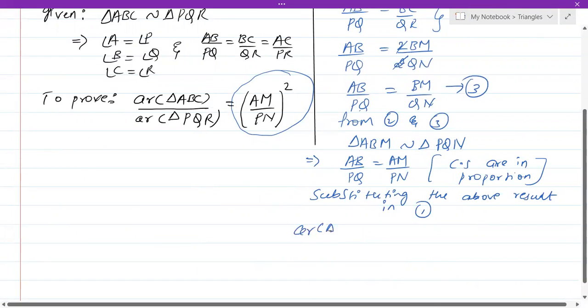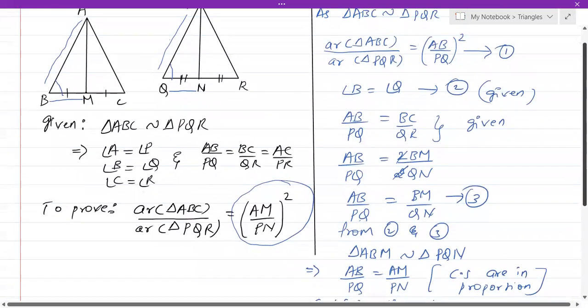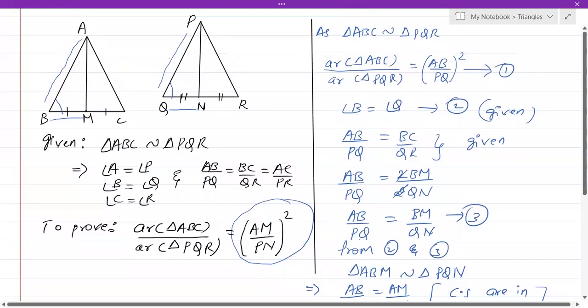Area of triangle ABC by area of triangle PQR will be equal to, instead of AB by PQ, I can write AM by PN. So it will become AM by PN the whole square. So that's how we proved that for two similar triangles, the ratio of areas of the triangles is equal to the ratio of squares of corresponding medians.